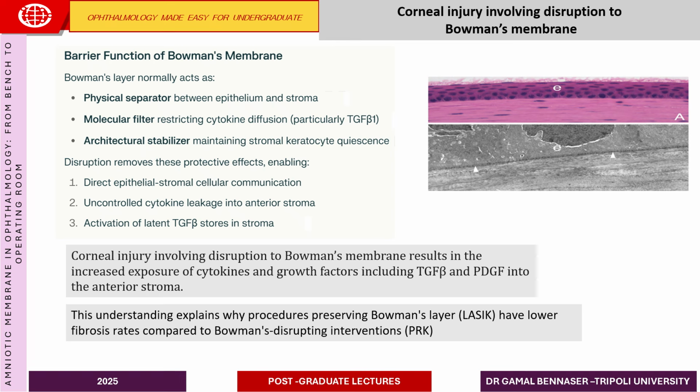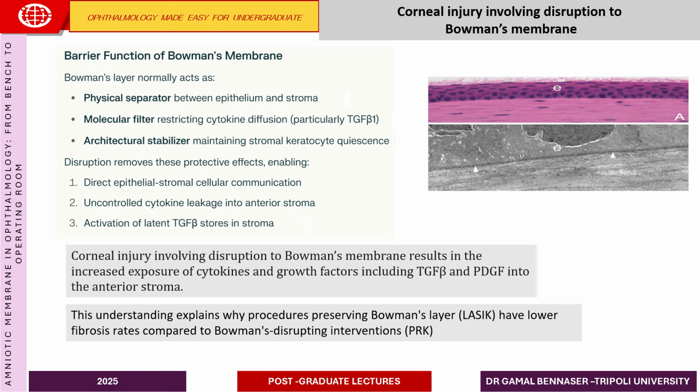The Bowman's membrane is a very important physical barrier that separates the epithelium from the stroma, and acts as a molecular filter that restricts the diffusion of cytokines and inflammatory mediators from the surface of the cornea towards the stroma. So this maintains the quiescence of the stromal keratocytes, and there is no stimulation of keratocytes or fibroblast formation.